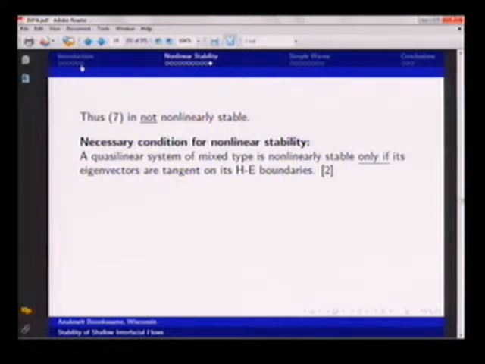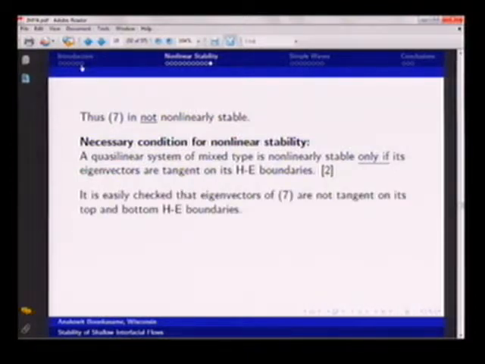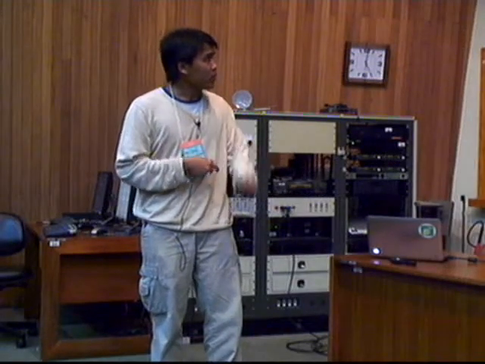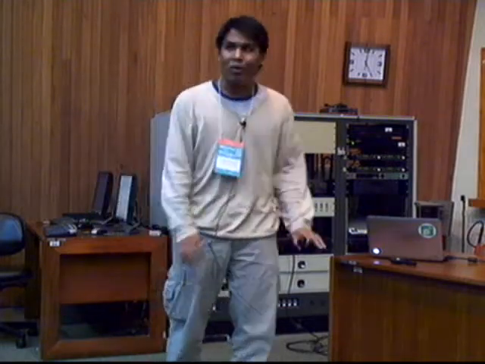It's a necessary condition for nonlinear stability, and it says that a quasi-linear system of mixed type is nonlinearly stable only if its eigenvectors are tangent to the hyperbolic boundaries. And it's not hard to check by looking at the eigenvectors that they are not tangent to the top and the bottom boundaries.